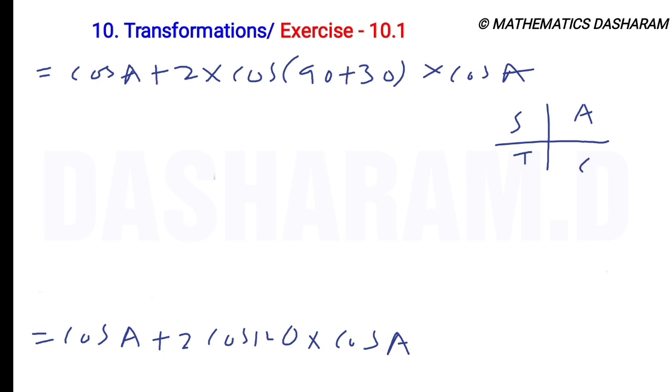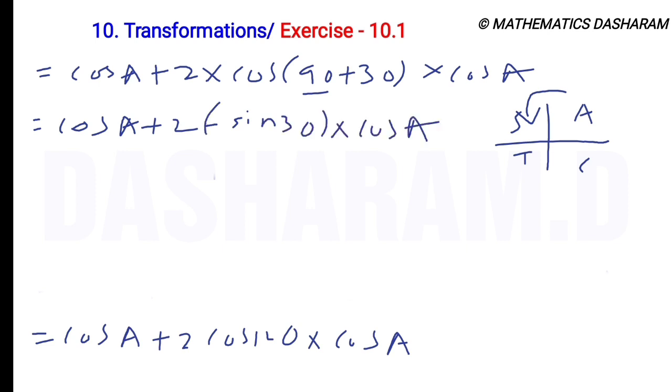So 90 plus 30 means it will go to the second quadrant. In the second quadrant, only sine and cosec are plus, the remaining are minus, and at the same time the trigonometric ratio will be changed because here is 90 degrees. So then minus sin 30 degrees into cos a.